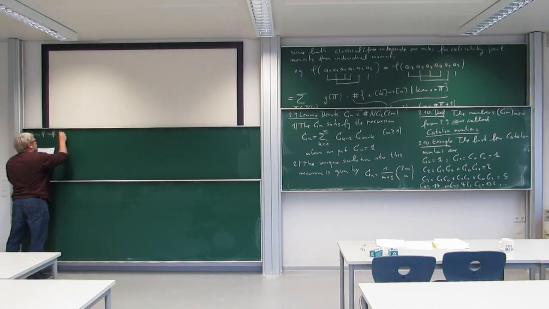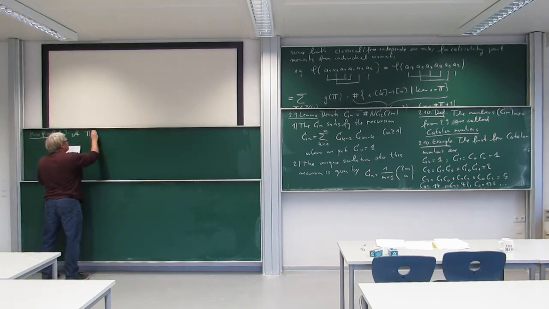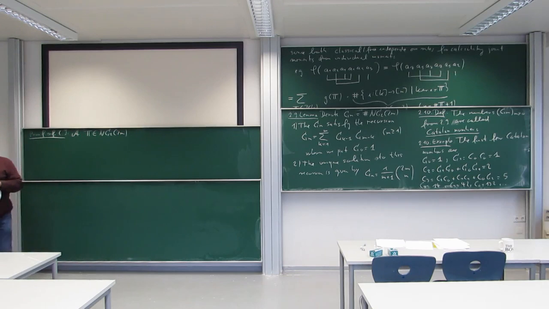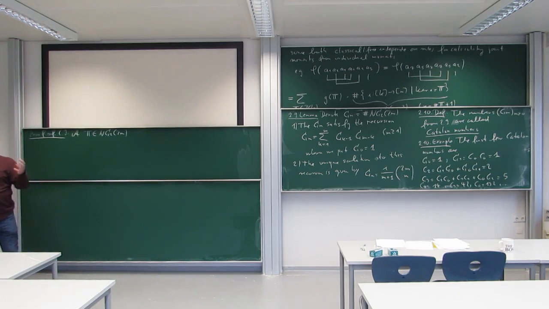So we want to understand what non-crossing pairings of 2m elements are, and we do this recursively, more or less how we did it when we counted all pairings. We just look for the first block, how many possibilities for the first block, and then essentially we are left with the problem of k minus 2 points. So this was also a recursive way of counting.